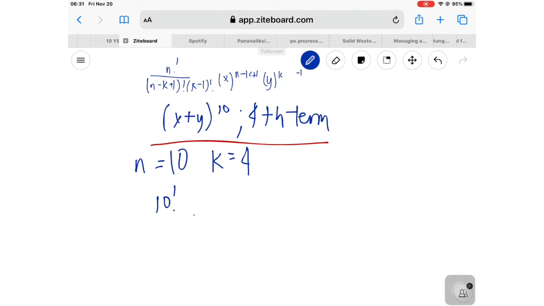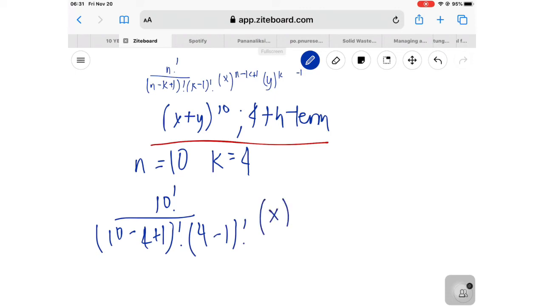10 factorial over 10 minus 4 plus 1 factorial, 4 minus 1 factorial, tapos yung x natin is x din. So, 10 minus 4 plus 1. Then, sa y naman, 4 minus 1.